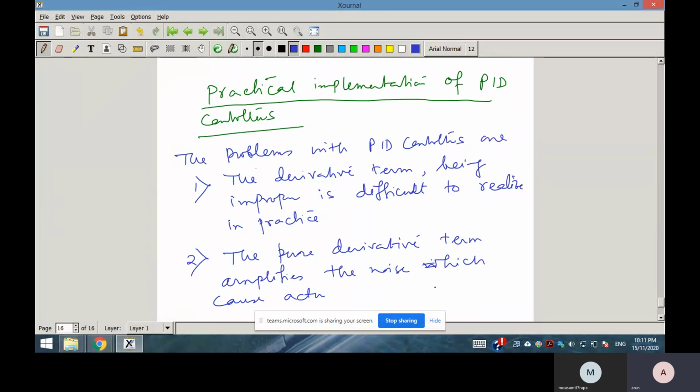Because the noise, say sine omega t, when it passes through the derivative, becomes omega cos omega t. If it is noise, omega is a really high value, so a very high magnitude signal will pass through the actuator, which will cause actuator saturation.